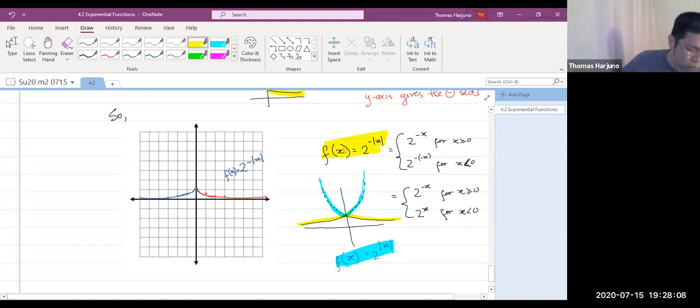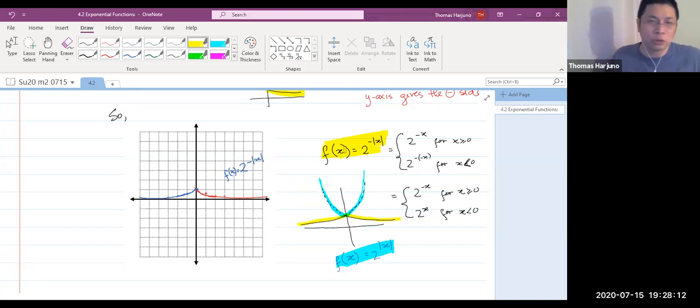Okay, so the tools that you can try to use is to observe the symmetry of the functions. And this applies to actually all functions, not only for exponential functions, not only for polynomial, nor only for rational functions. No, for all functions.